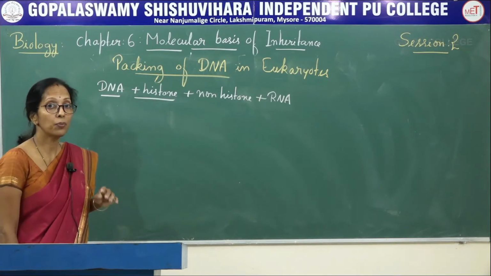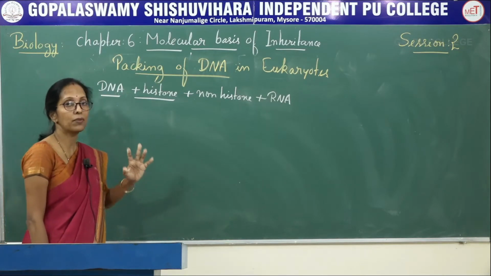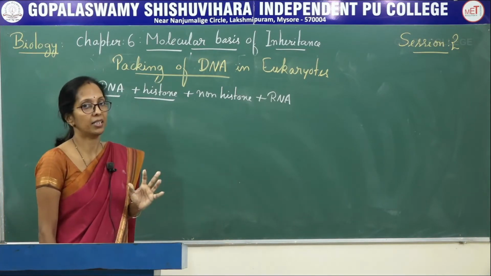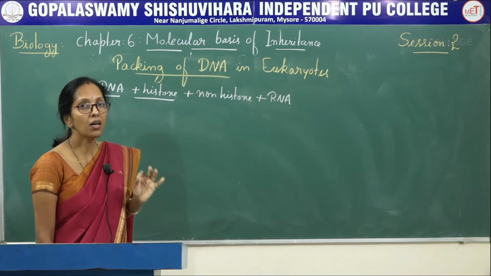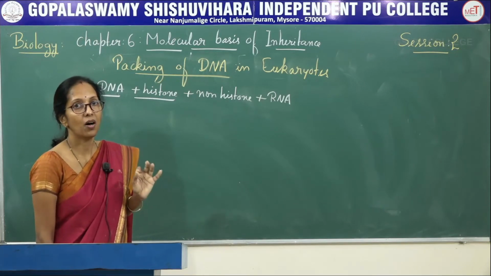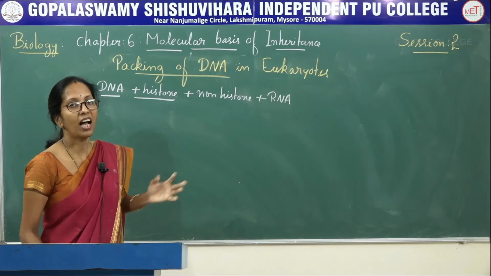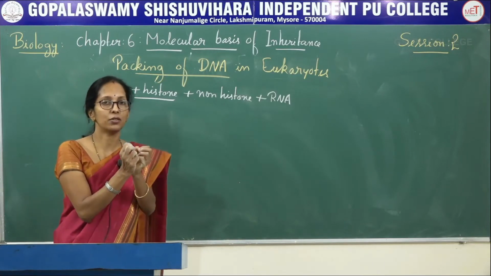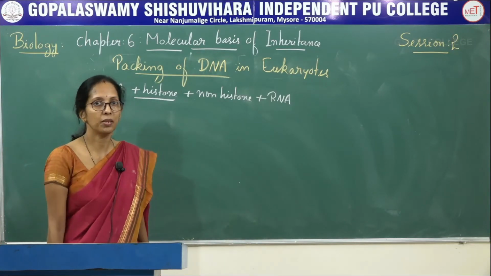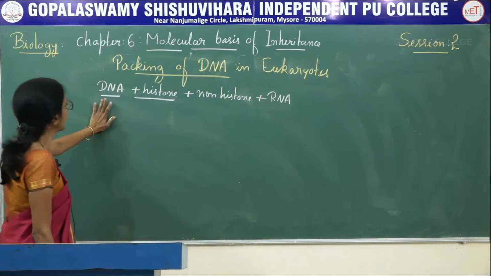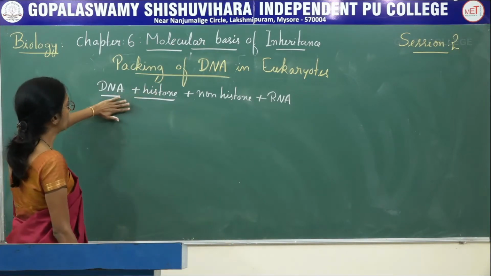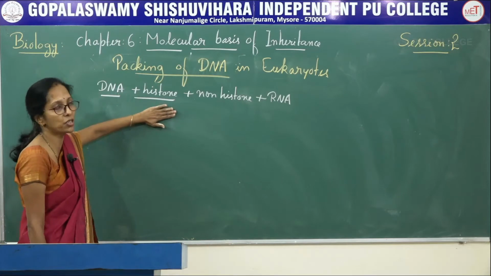But in case of prokaryotes, there is a presence of only the genetic material along with non-histone proteins or nothing but polyamines, and these 2 assemble together to form a structure that is said to be nucleoid. But in this case, there is a presence of 4 components. Out of these 4, these 2 are the major one.